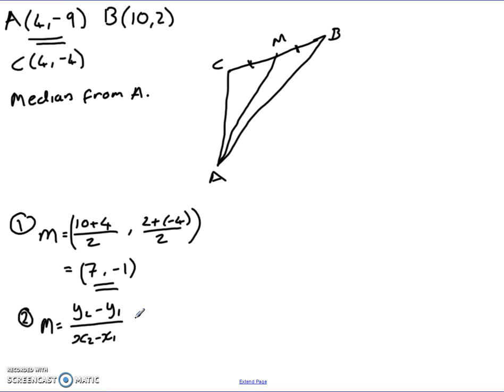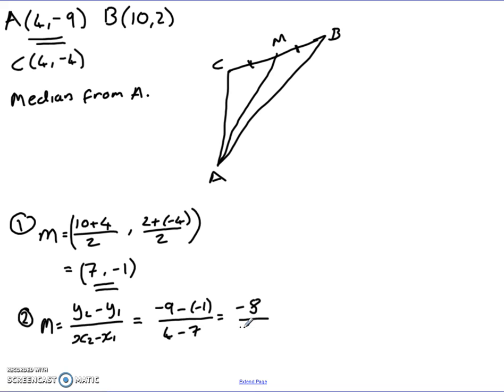Again, it doesn't matter which way around you label the points as long as you are consistent. So let's imagine that I'm going to take my new midpoint to be x1, y1, and I'm going to take my old point A to be x2, y2. What I'd get then is -9 take away -1 over x2, which is the 4 up there, 4 take away 7. So -9 take away -1 gives me -8 on the top.